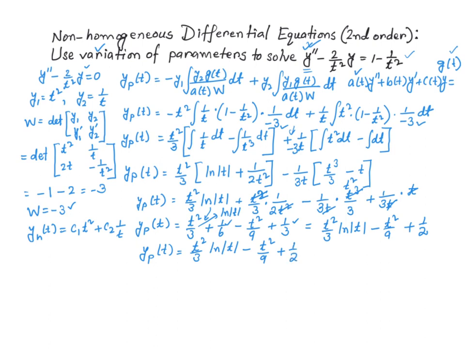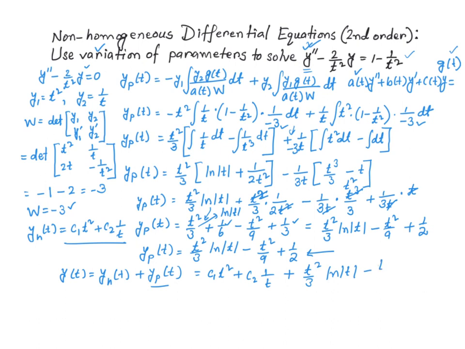So remember, our general solution is supposed to be this: y of t is equal to y sub h of t plus y sub p of t. We have y sub h of t, which is right here, c1 t squared plus c2 times 1 over t, plus y particular, which is this value right here, t squared over 3 times ln of absolute value of t minus t squared over 9 plus 1/2.